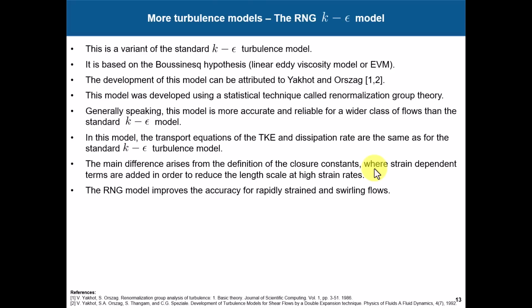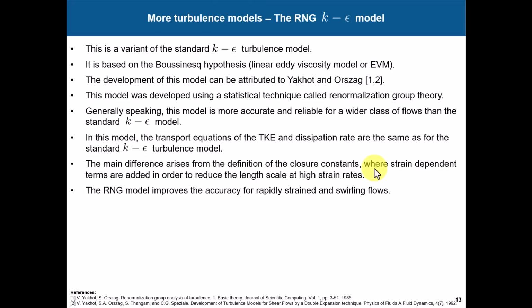They might improve the results, and also might give you good results for wall resolving meshes, but they are not formulated for that. So do not use this model for wall resolving. Use it for wall modeling, okay?